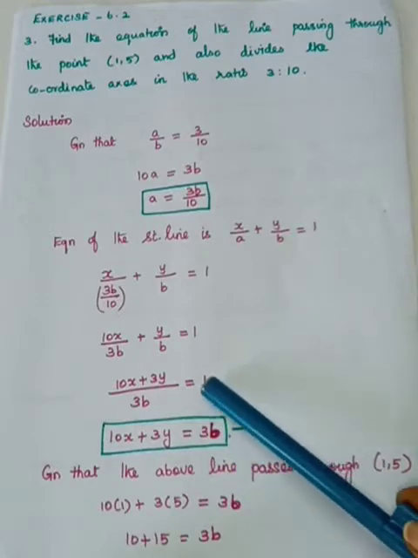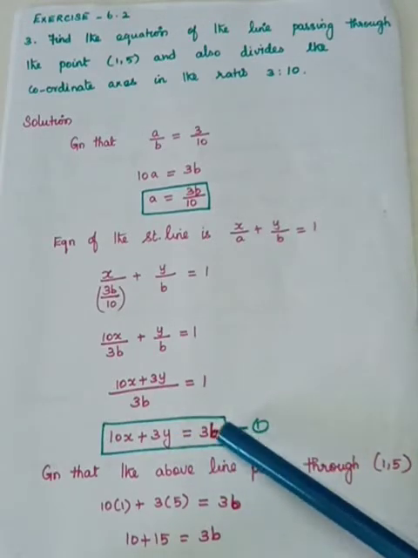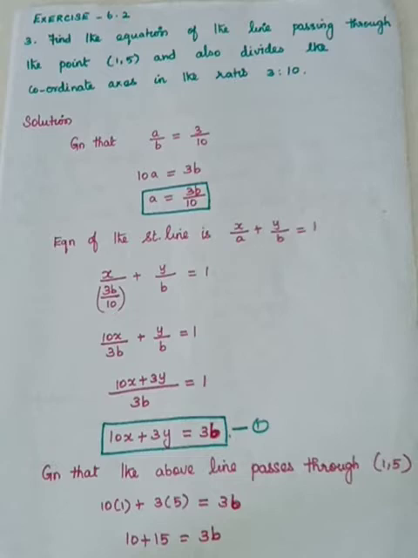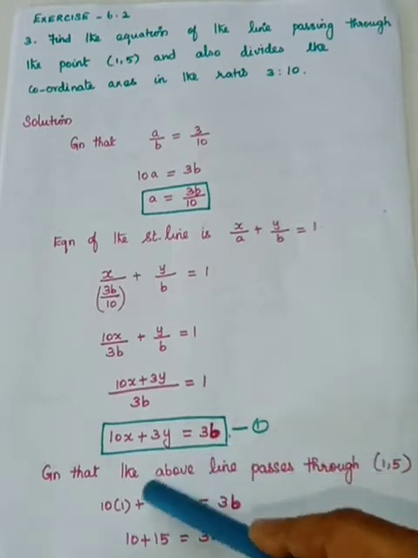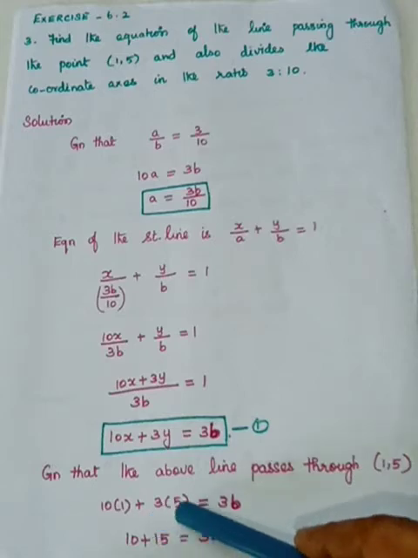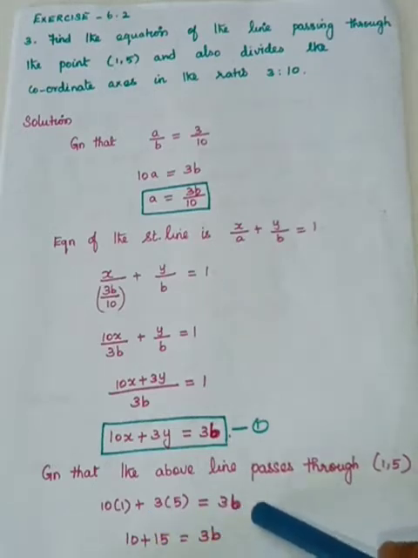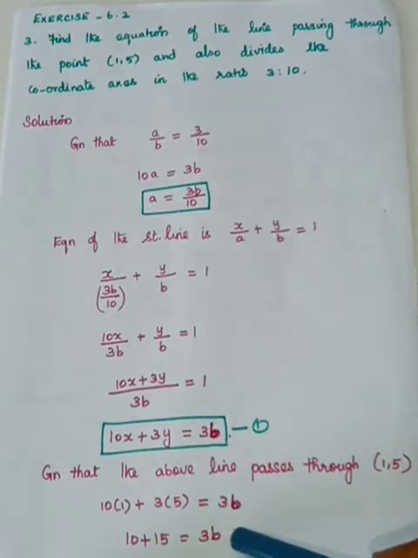Here we have to find b. One more result is given: the straight line passes through the point (1, 5). Therefore (1, 5) has to be substituted in this equation. So 10 into 1 plus 3 into 5 is equal to 3b. So 10 plus 15 is equal to 3b.